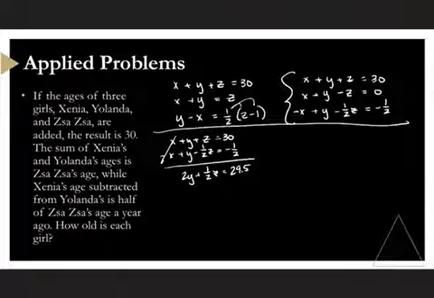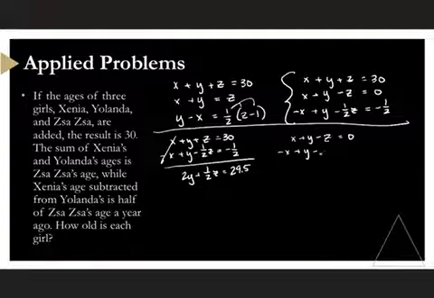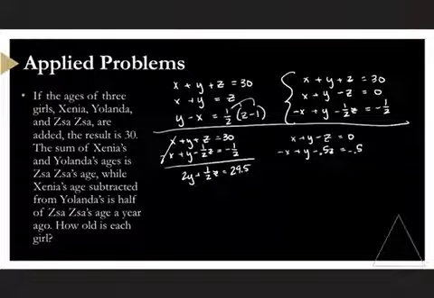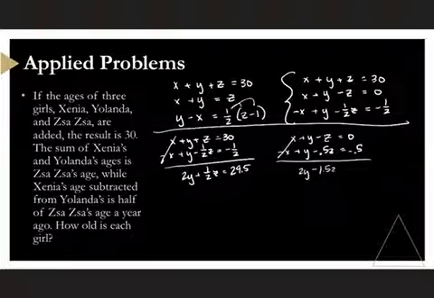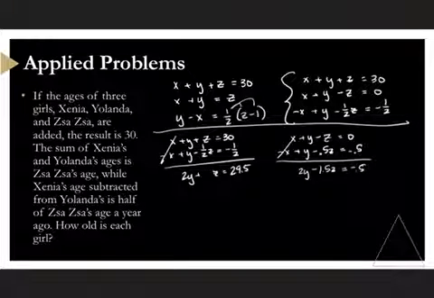Take the second and third one, so x plus y minus z equals 0, and negative x plus y minus 0.5z equals negative 0.5. And again, fractions or decimals are going to be okay here. 2y minus 1.5z equals negative 0.5. And just for consistency, I'll change this 1/2 to a 0.5.